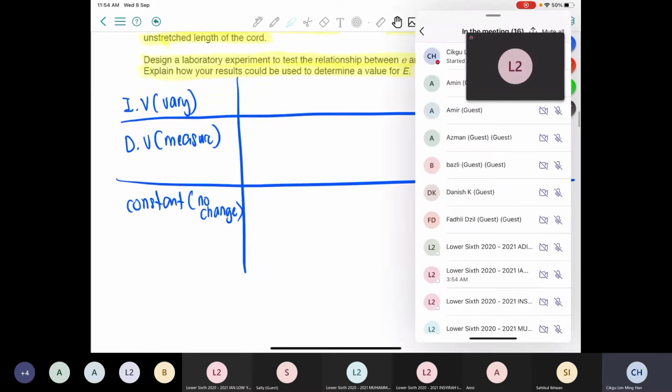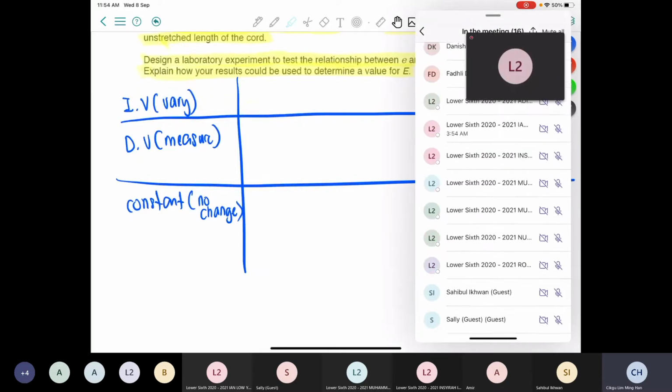Okay, so let's start with somewhere at the bottom. Yeah.